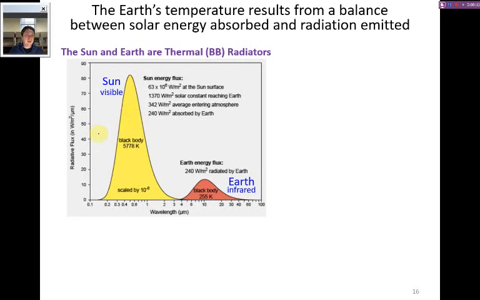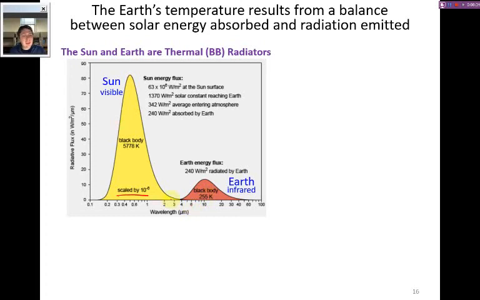So this plot you see in the ebook, it's a little bit complicated in the sense that we see that here the energy that is given off by the sun is scaled by a factor of 1,000,000. So really this should be 1,000,000 times larger compared to the scale given for the Earth.